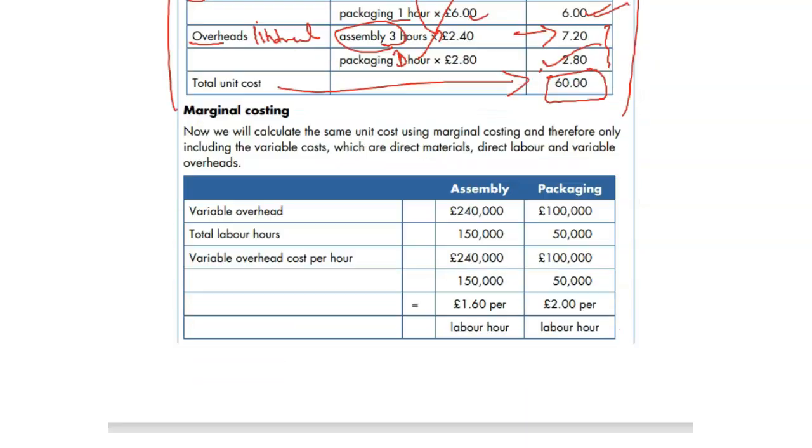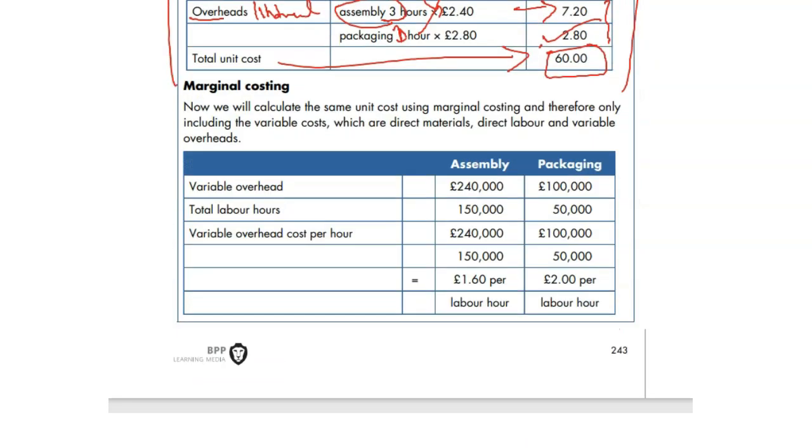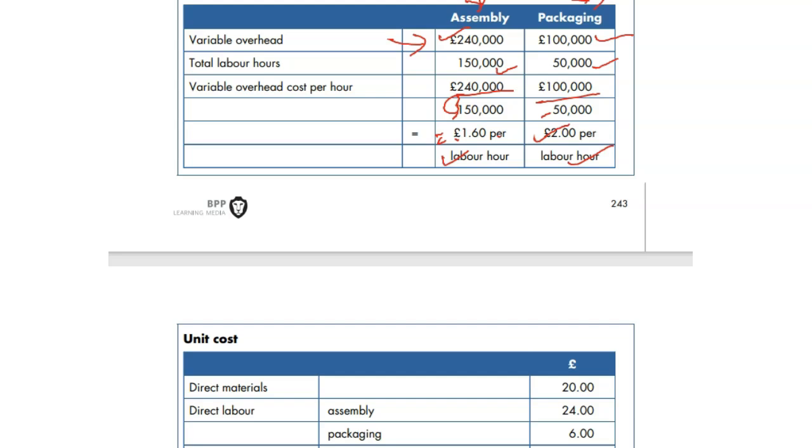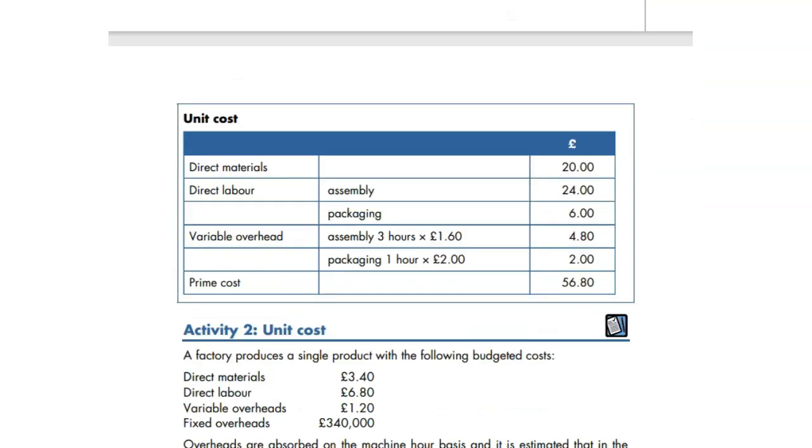But under the marginal costing method, we take only the variable cost. Variable cost is 240,000 and 100,000. The total labor hours we already calculated: 150,000 and 50,000. So 240 divided by 150,000 gives 1.6 per labor hour, and 100 divided by 50,000 gives 2 per labor hour. Marginal costing is done on variable only. So how do we get the cost per unit?